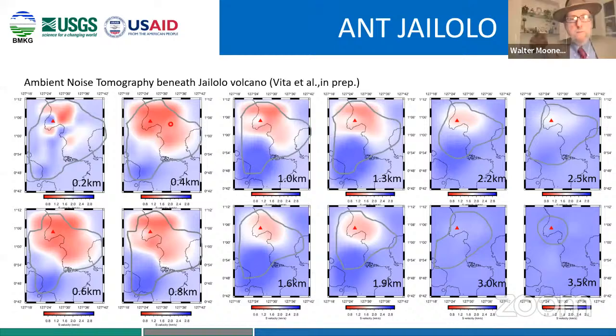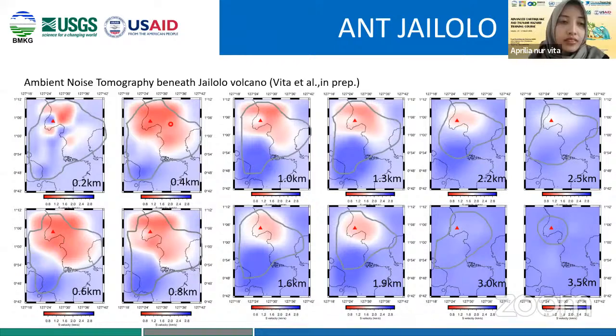But in your image for 0.4, you have the bright red area. And this cannot be magma. If it's magma, the heat flow at the surface would be the highest heat flow on the Earth. This can only be some other feature like steam or something like that.